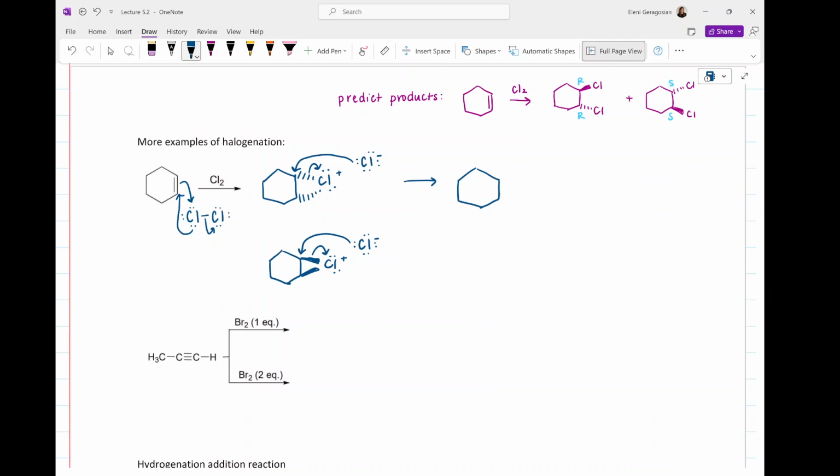So the chlorine that was part of the ring, I'll make it orange here, that one remains on the dash bond, and its bond to carbon 2 did not break. So at carbon 2, it's still on a dash.